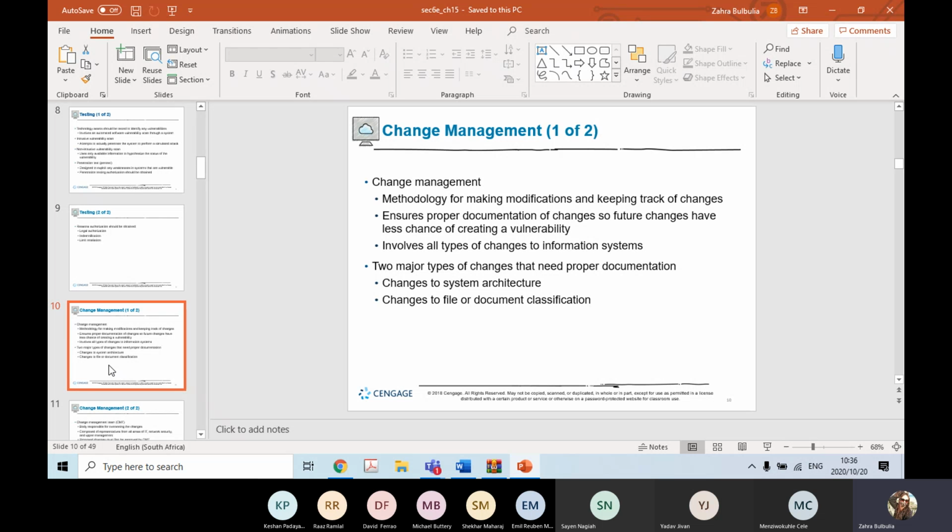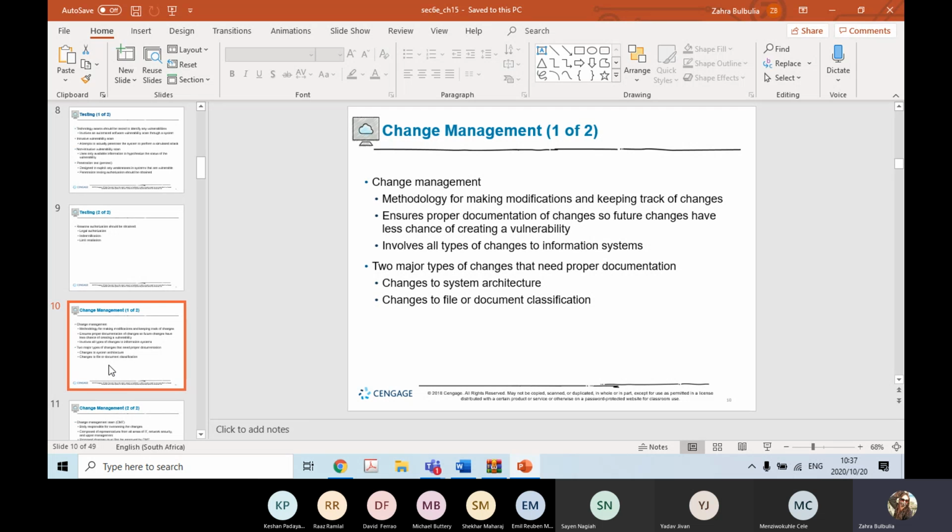If you look at any app, like WhatsApp, it has added more features: stickers, GIFs, video calling, voice calling. They do a lot of upgrades, and these upgrades involve change management. And when they're doing their upgrades, they have to realize that once they've added something, they may have left something else vulnerable.